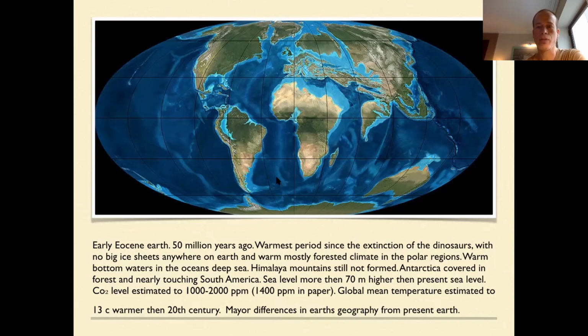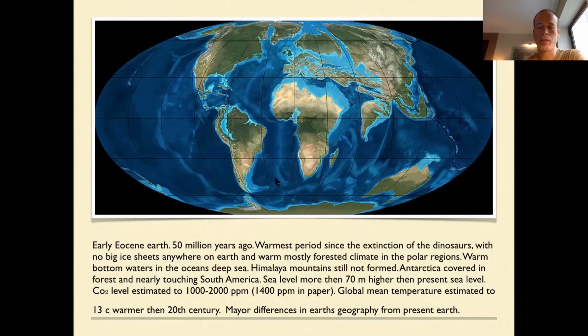The Earth then was much warmer, so much warmer that both Antarctic and Arctic were completely ice-free and probably covered in forest, because there was no ice. The sea level was more than 70 meters higher than present.